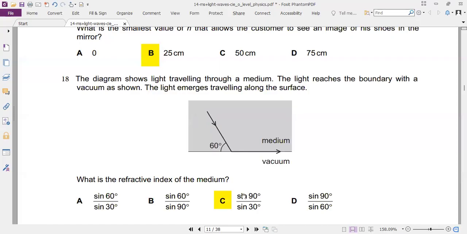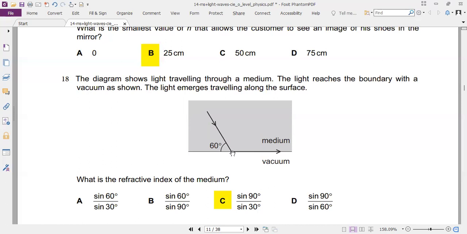So the angle is 90. So sine 90 goes here. Why sine 90? Why is sine R on the top? Because of the medium and the vacuum. The medium has a density more than the vacuum. So we use sine I over sine R in the reverse way, sine R over sine I.